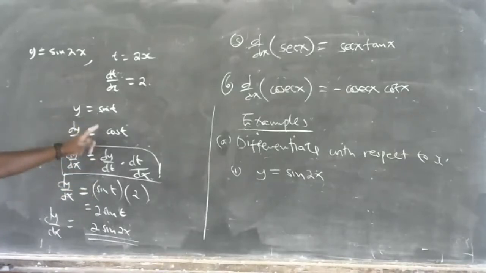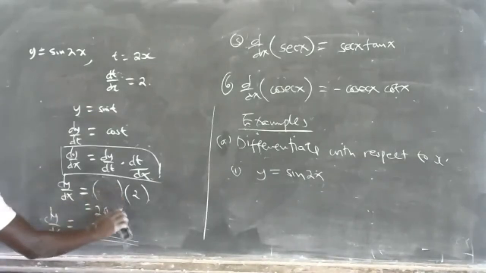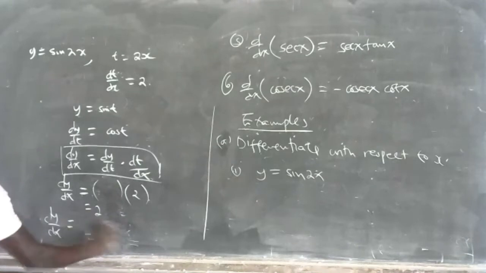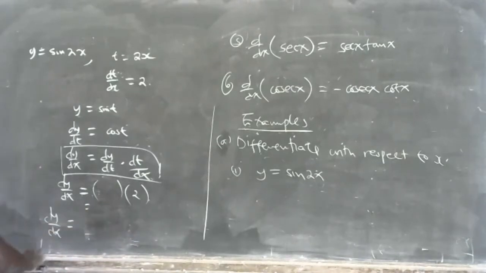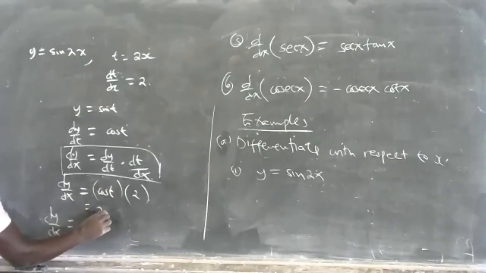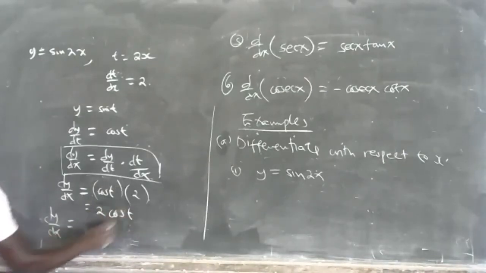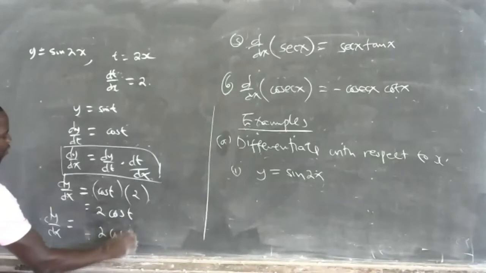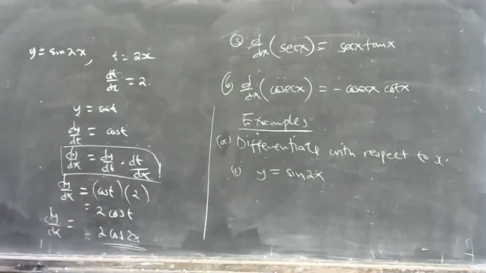Your dy/dt is sin t. You see it? It's cos t, sorry. Yes, you're right, I made that error here. Your dy/dt is cos t, which multiplied by the 2 gives 2 cos t.